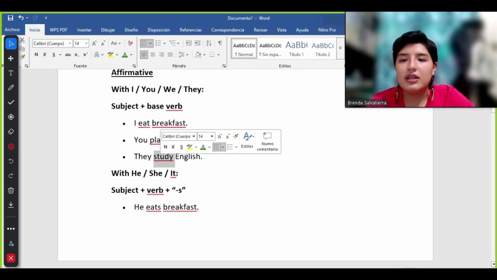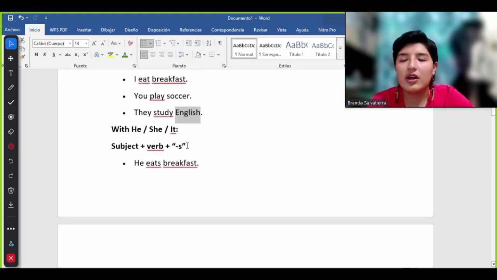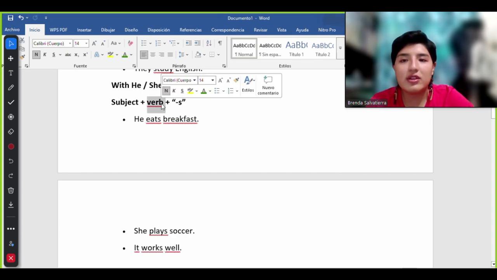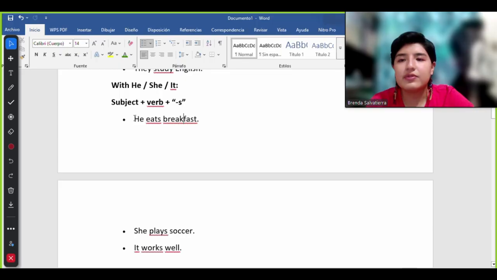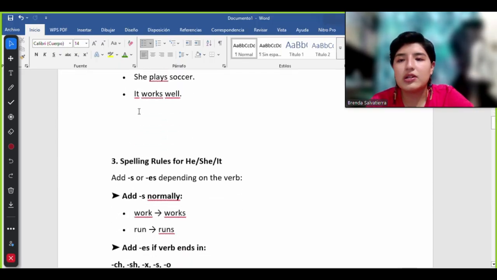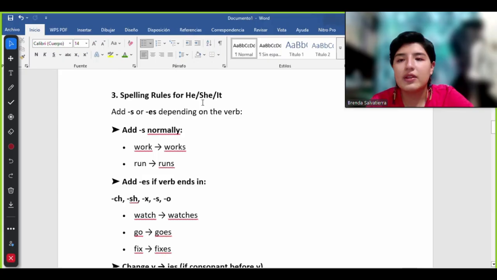They study English. Okay? But for he, she, it changes a little bit. We first write the subject, then the verb, but we add the letter S. He eats breakfast. She plays soccer. It works well.